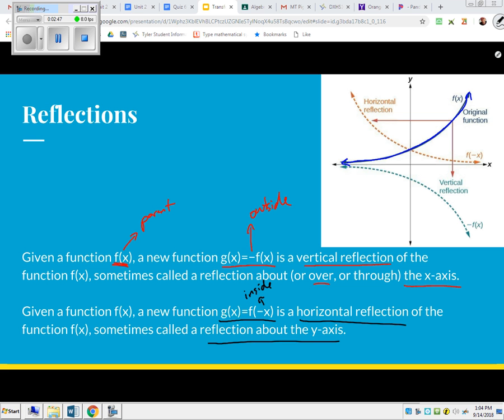So this blue line, if I throw a negative on the inside of the function, the top of the line sees itself in a mirror over here, and the bottom of the line sees itself in a mirror reflection on this side. We'll get a lot of practice with that today. I don't think this will be a problem.